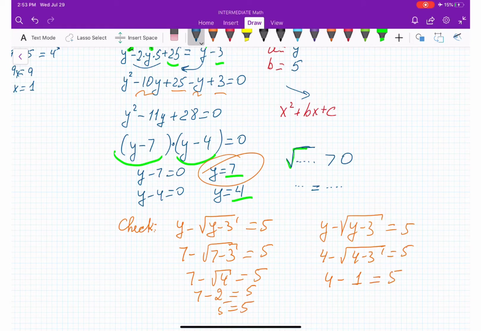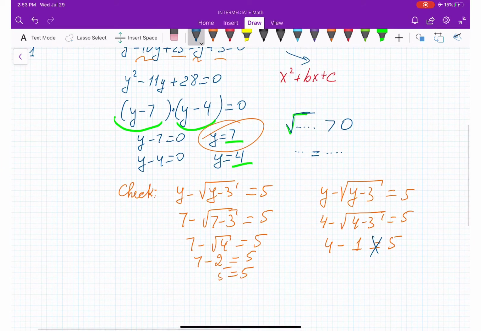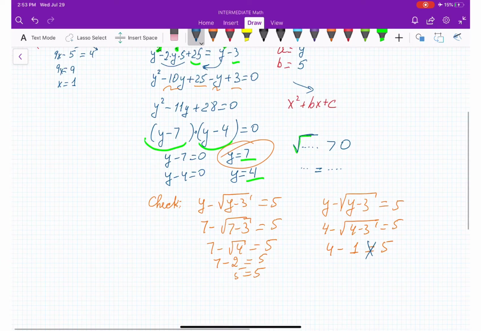It cannot happen in your wildest dreams because 3 can never be equal to 5. If anybody ever proves that 3 is equal 5, they will be the next Nobel Prize winner. And don't laugh, take it seriously. Okay, so the answer here, y is equal 7. The only answer we have here.